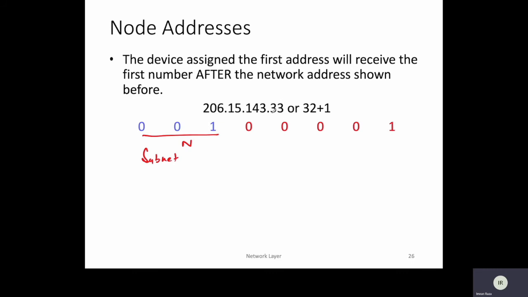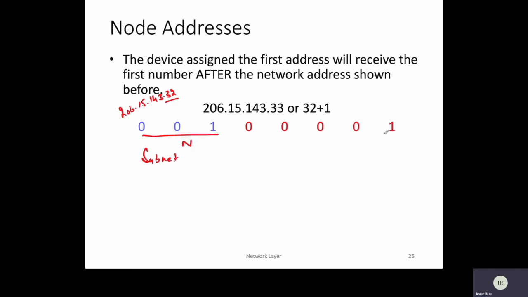Having address 206.15.143.32. Okay, so I will not change the subnet bits, and I will change the values in the host portion. So while calculating this address, all the bits in the host portion were 0, right?